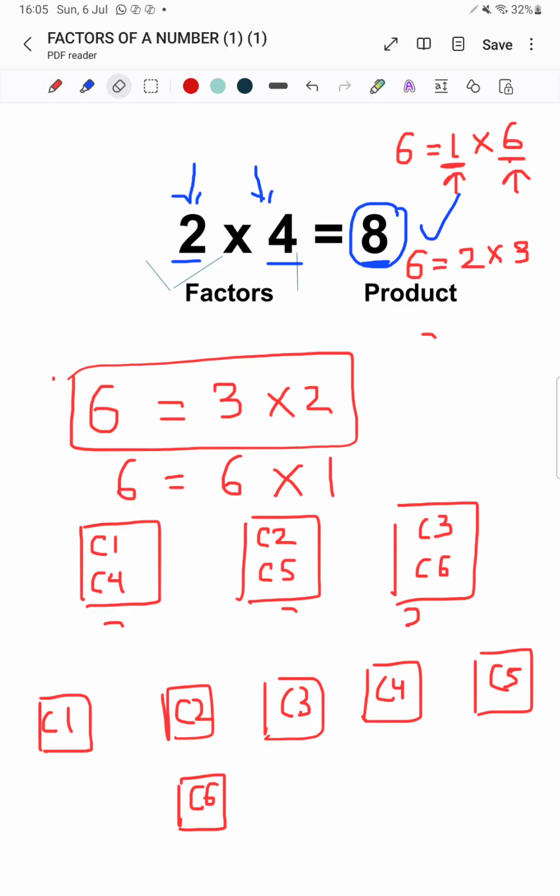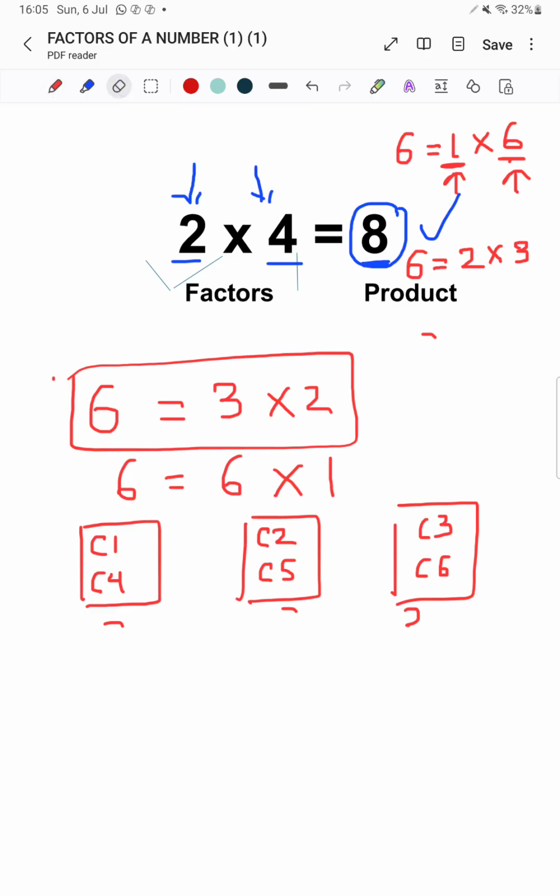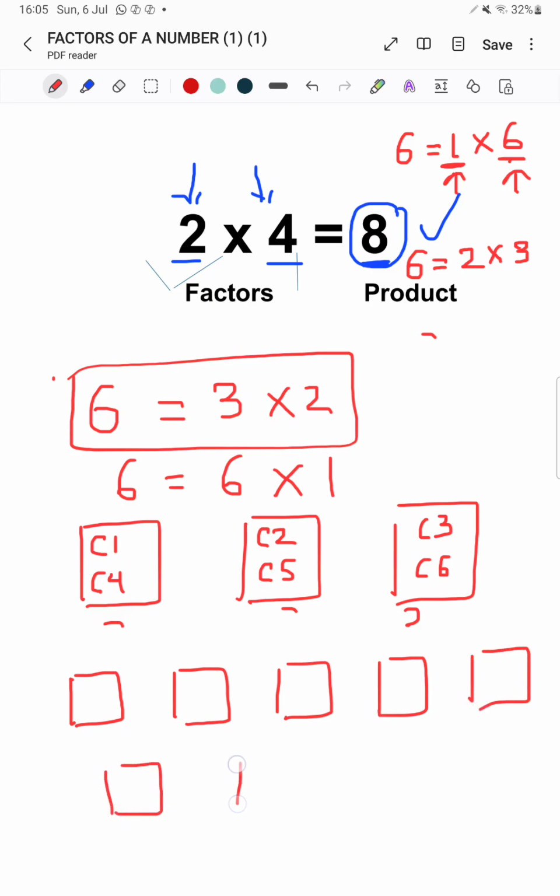Now let's try more plates. Let's say I am taking 7 plates. 1, 2, 3, 4, 5, 6, 7. But we have only 6 cookies, and if I keep them one by one in each of the plates, the last plate is empty.